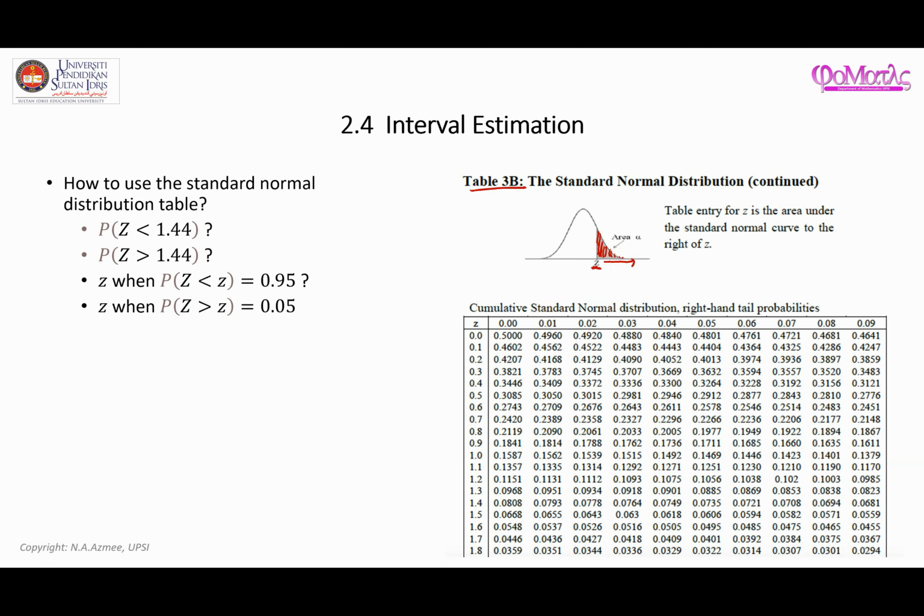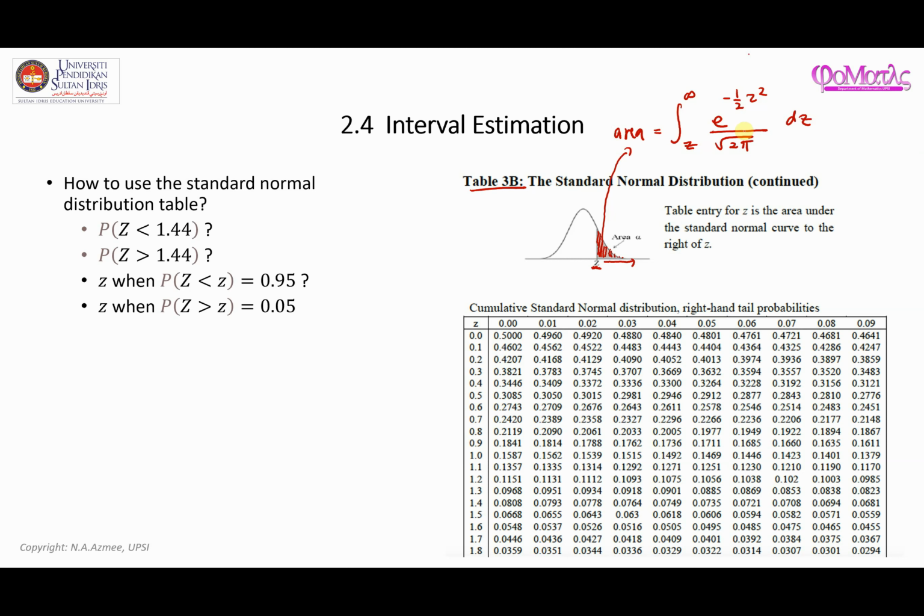If you relate with what you have seen in integral calculus, this area can be obtained if you integrate from lower limit z to infinity the function f(z), where f(z) is e to the negative 1 over 2 z squared over square root of 2 pi, dz.